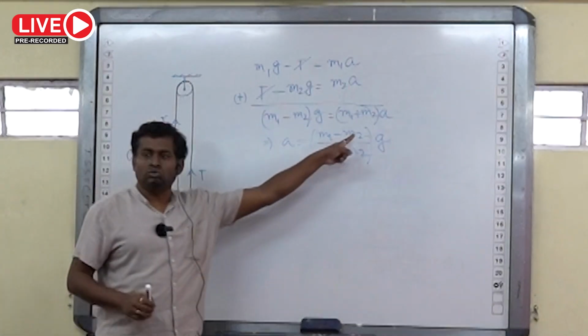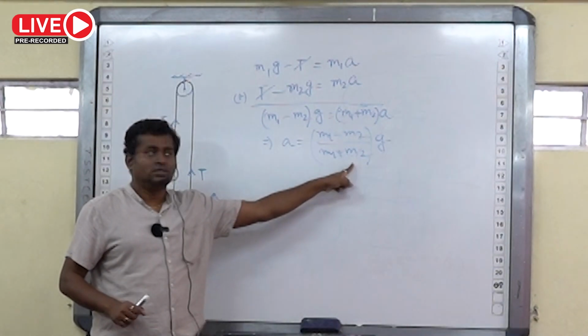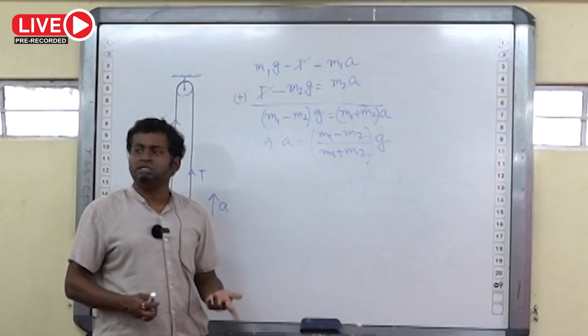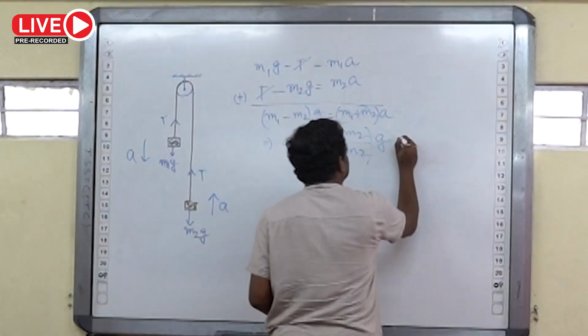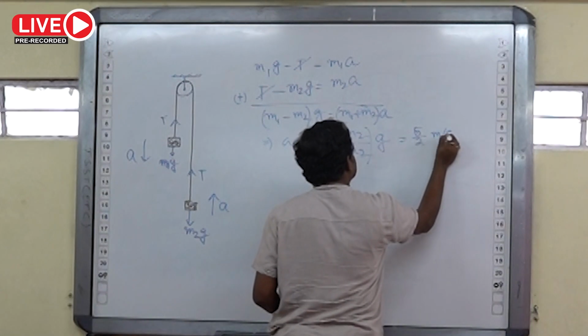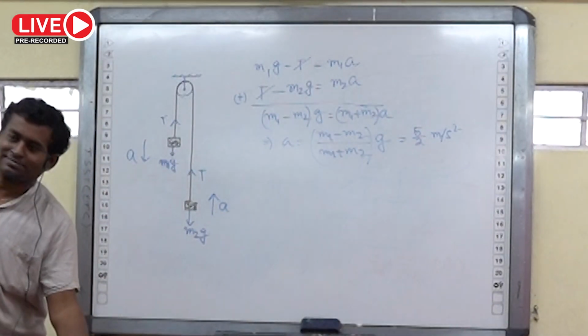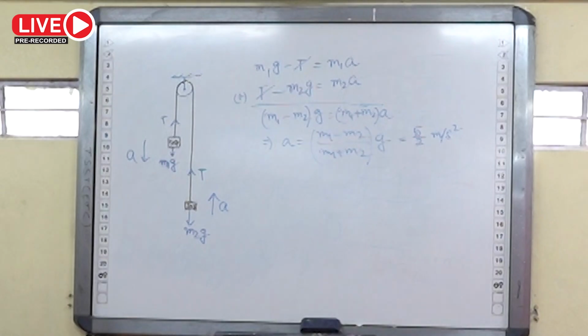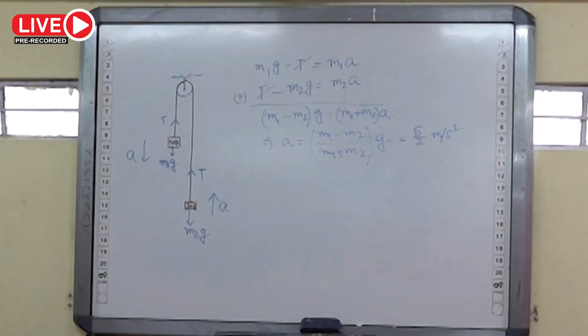So 5 minus 3 is 2, and 5 plus 3 is 8, so it is 1 by 4. So g by 4, g is given as 10, so it is 10 by 4, that is 5 by 2 meter per second square. Is it clear to all of you?